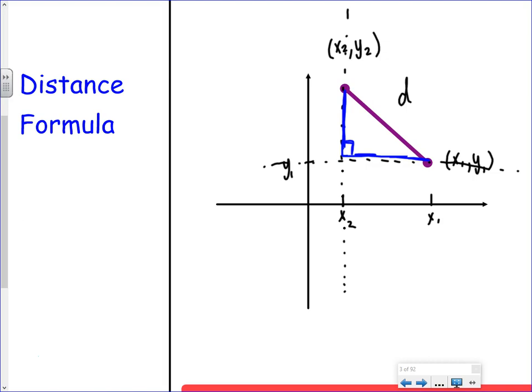If I want to use Pythagorean theorem, I need an expression for this leg, an expression for that leg, not A, not B. Think about what you have. Think about what's been drawn. Well, I guess the one thing we didn't draw was y2. I apologize. Let's get y2. How could we express each of the legs?